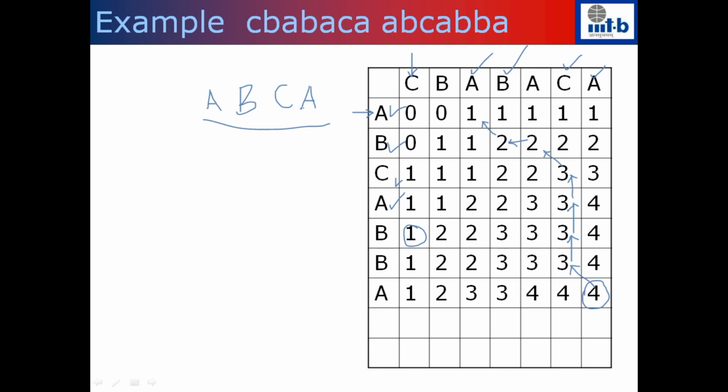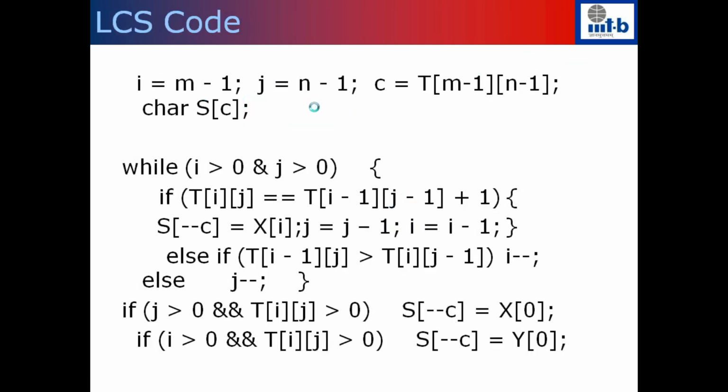Right. So ABCA is the longest common subsequence of the given strings, and we can verify that this is the subsequence of longest length. In other words, there is no other sequence which is common to both of them but has a length which is bigger than 4.